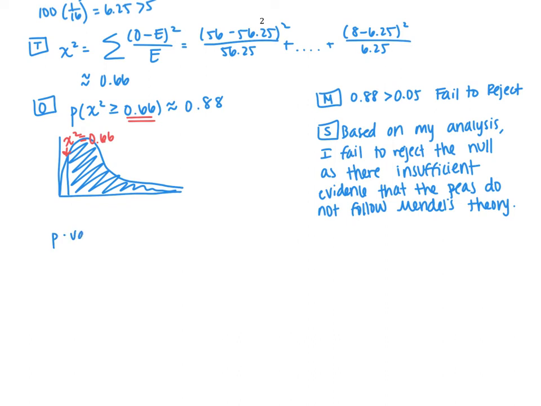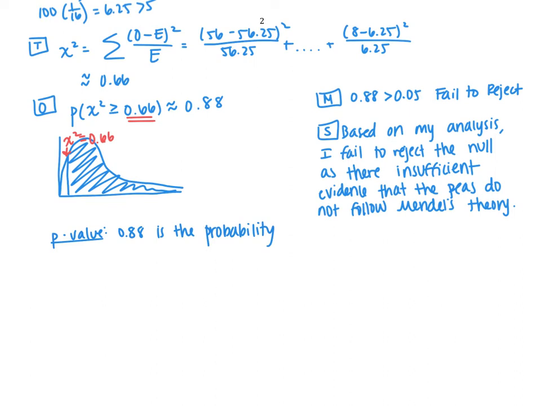I'm going to start my p-value all the way to the left since I have more room. 0.88 is the probability. The wording is going to change slightly here because of our calculations.